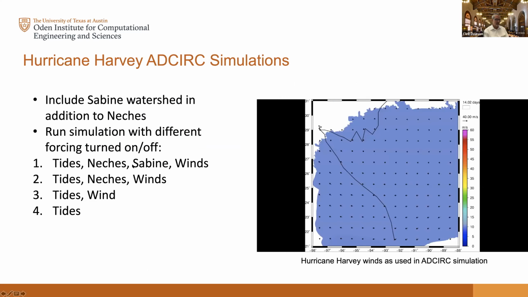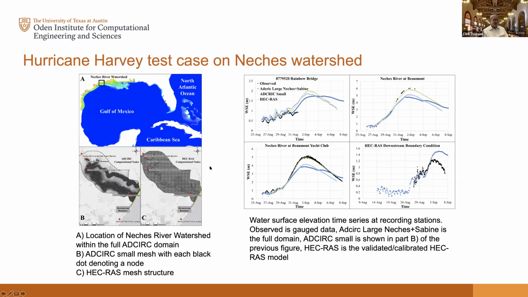And on the right here is the HEC-RAS domain, which uses a structured mesh, so rectangular elements. And I will say that HEC-RAS is a calibrated model, and what that means is they adjust certain parameters like bottom friction to try to do the best job that they can in matching the measured data. So HEC-RAS has been tuned, whereas ADCIRC hasn't been tuned, okay?